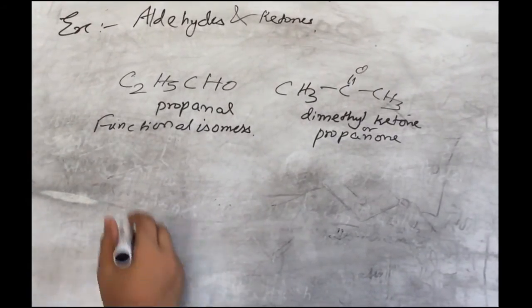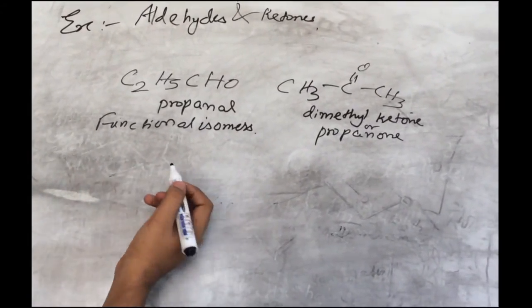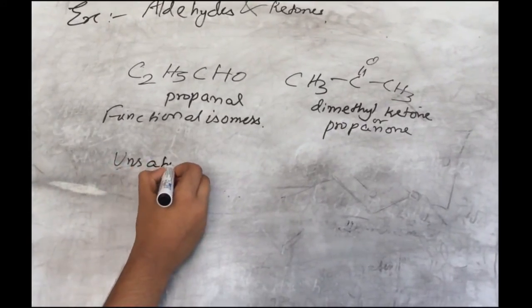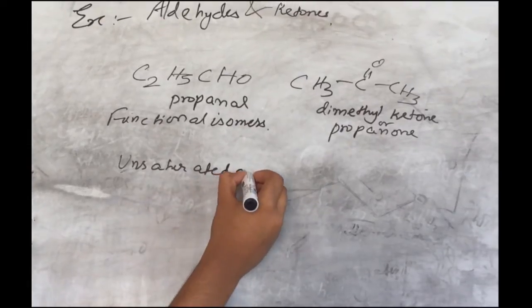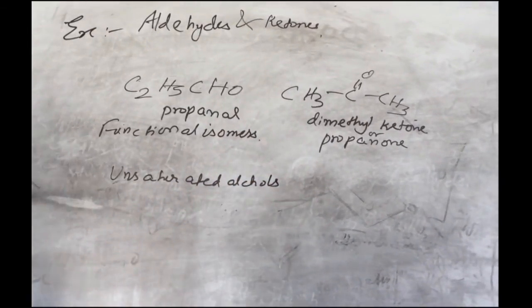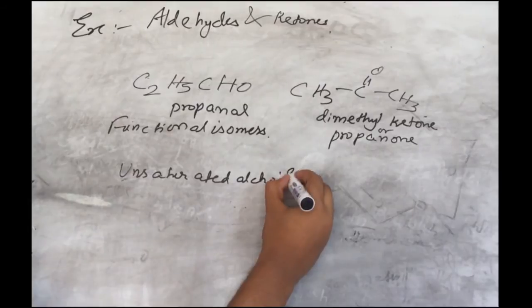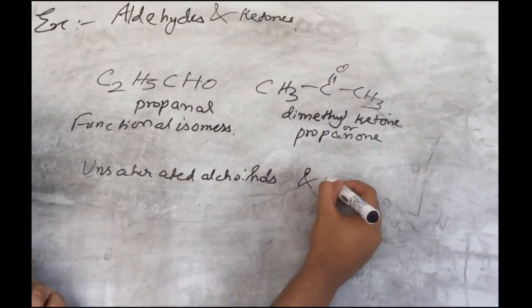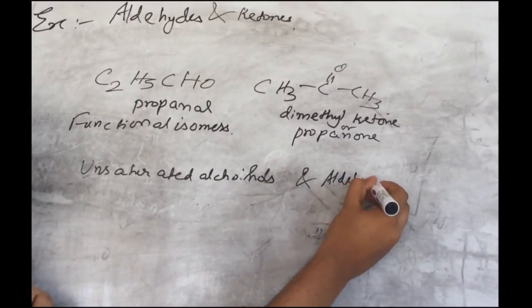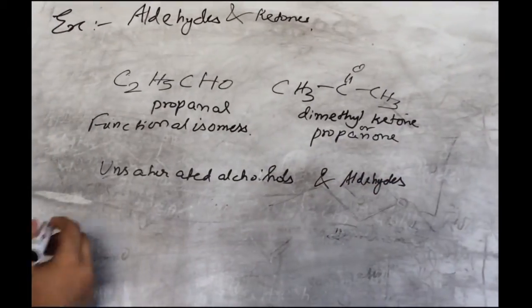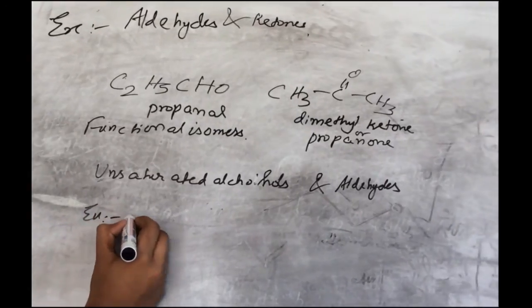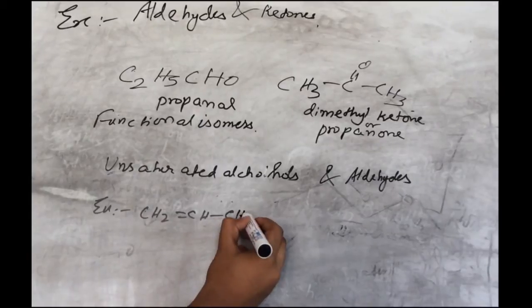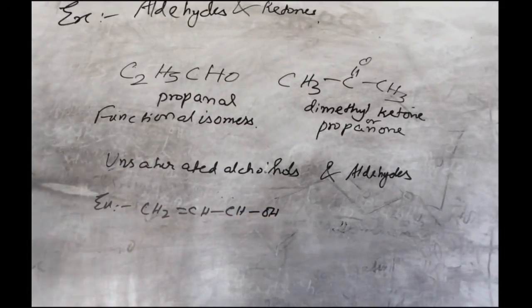Also, as I told you earlier, you can find functional isomerism in case of unsaturated alcohols and aldehydes, such as for example CH2=CH-CH2OH.